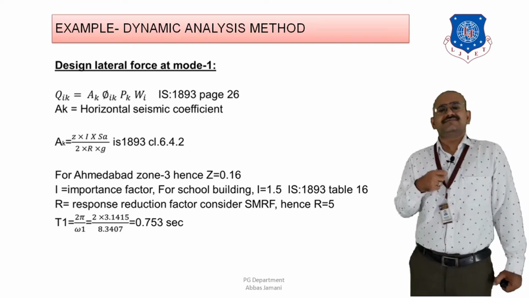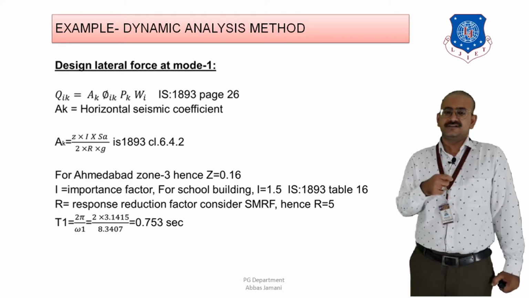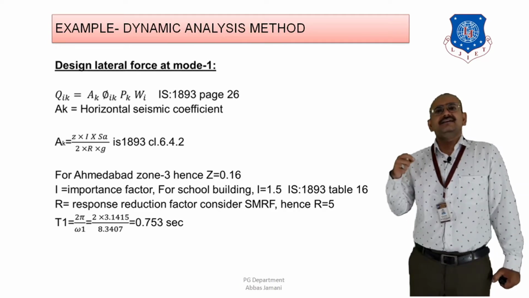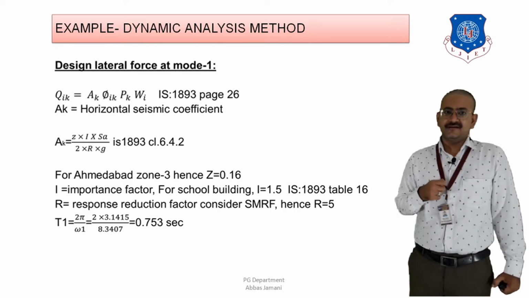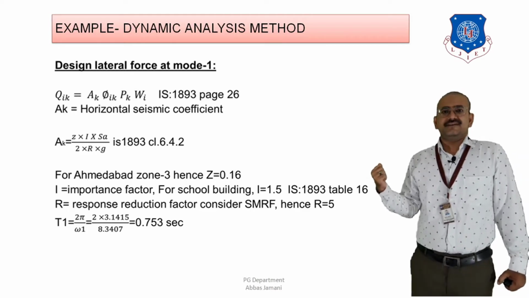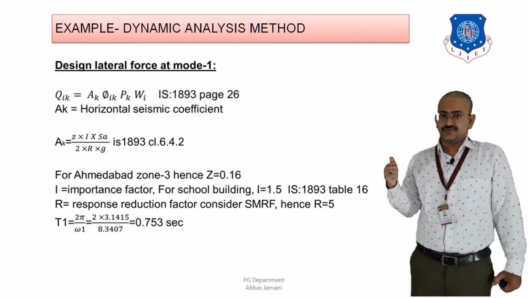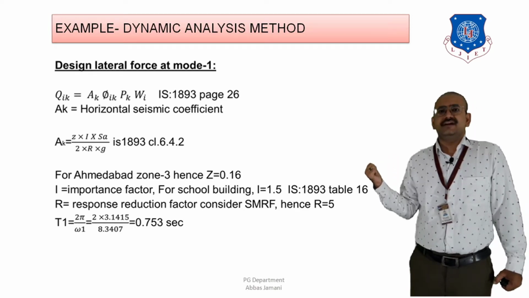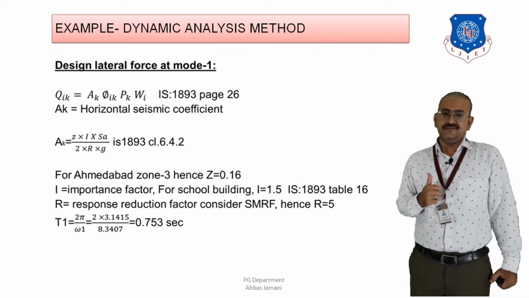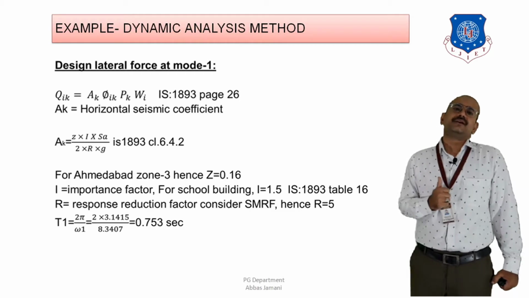Then second is phi ik, that we have already seen in the last class, that is the mode shape coefficient corresponding to each floor, that is i floor at each mode, that is k mode, right? Then Pk is the modal mass participation factor corresponding to each mode that we have already calculated in step number 2, and Wi is the seismic weight of each floor i, that is the seismic weight that is going to be available to us through the data that is given to us, W1, W2 and W3, right?